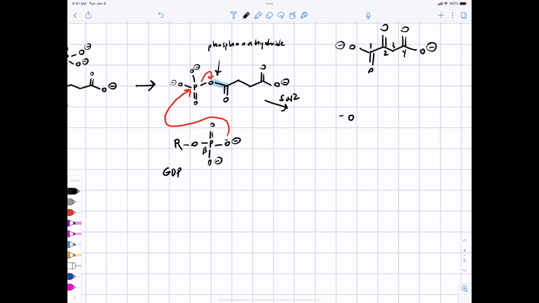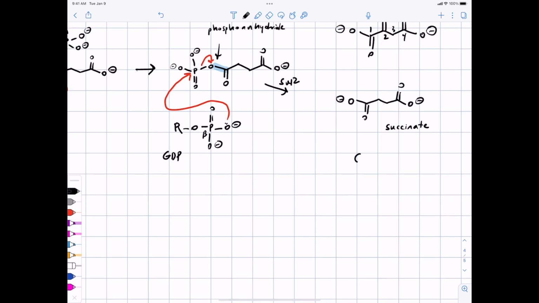That's going to release the carboxylic acid called succinate. And it's going to generate GTP as a product.